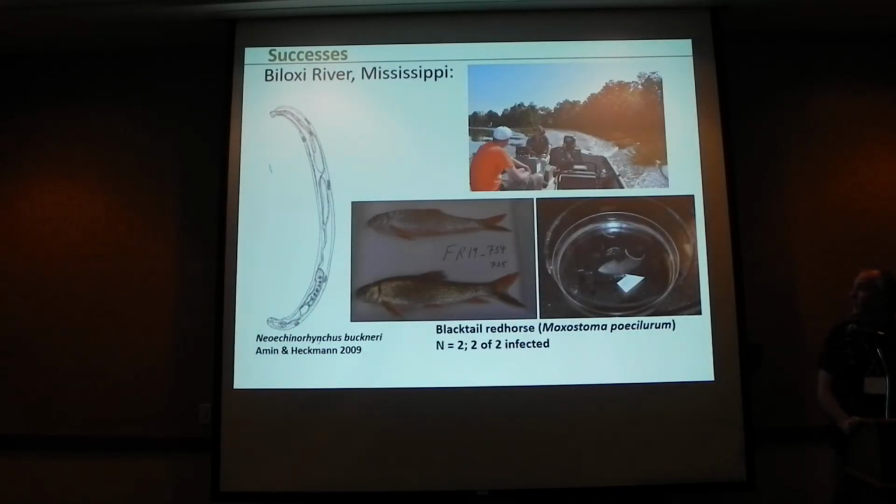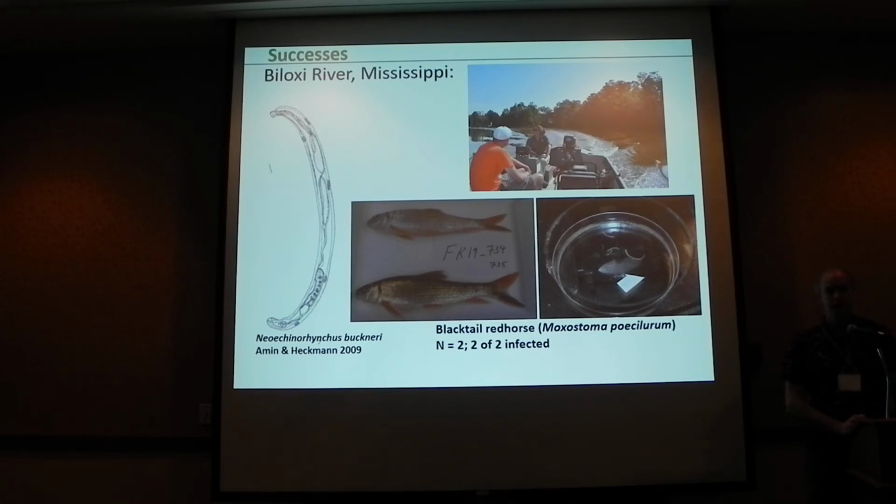But then we got to Biloxi down in Mississippi, and went there in 2017 and collected a nice diversity of fish, had nice hospitality from local biologists and friends, but did not get the blacktail redhorse until we returned there in 2019. We spent about a week doing a variety of collecting techniques. Still didn't get the redhorse. I called the state, I pleaded. They said, we'll send you an e-boat.